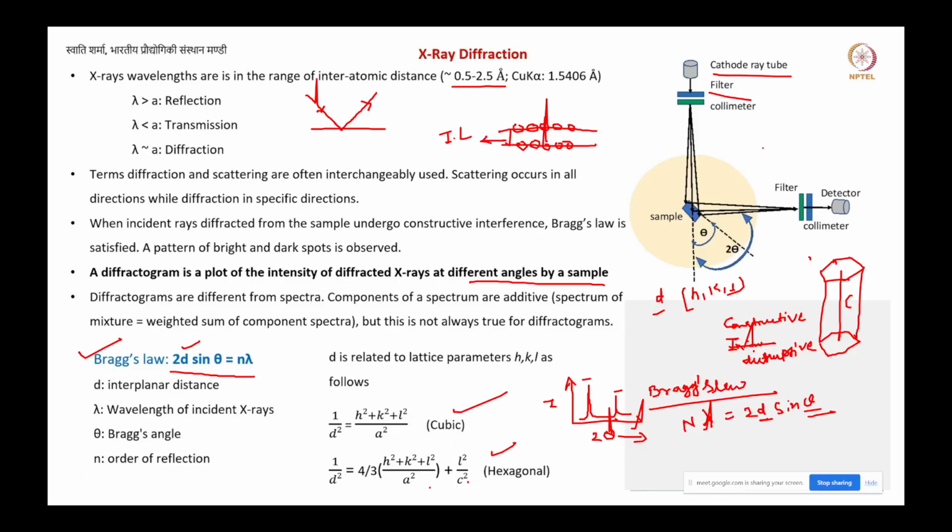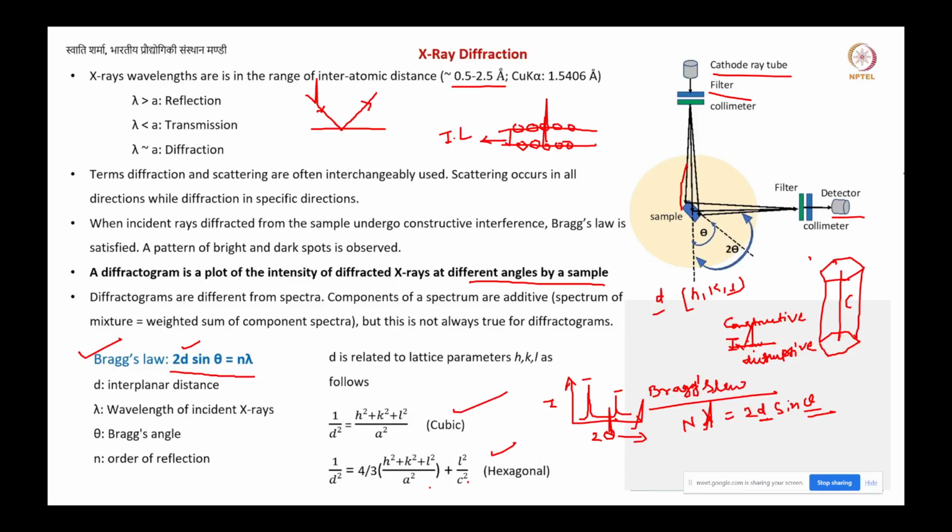For your samples you don't want all the wavelengths, you want a particular one. So by that filter your X-ray will pass and be incident on your sample. After that it will diffract, and on this side again a filter will be there, and finally it will be detected by your detector, which will further analyze it and give you an XRD peak at a particular angle.